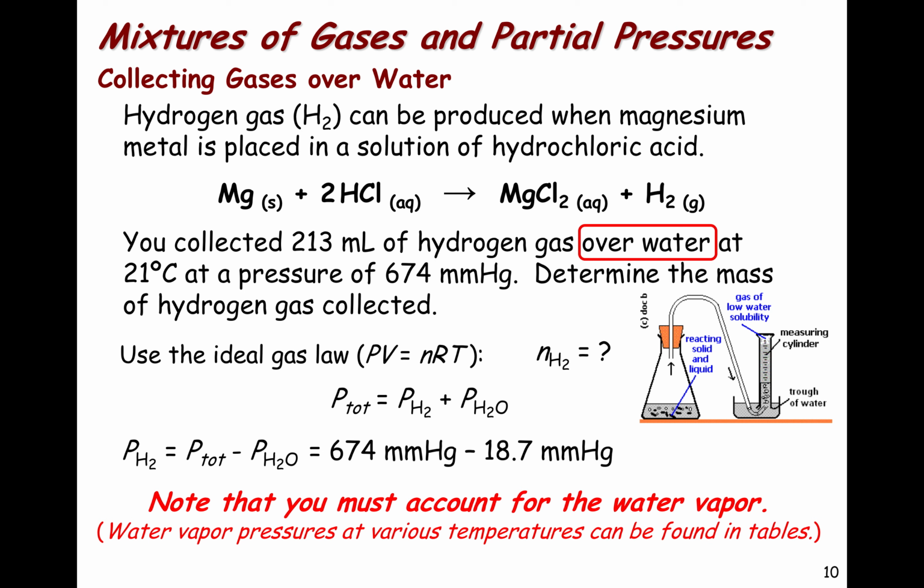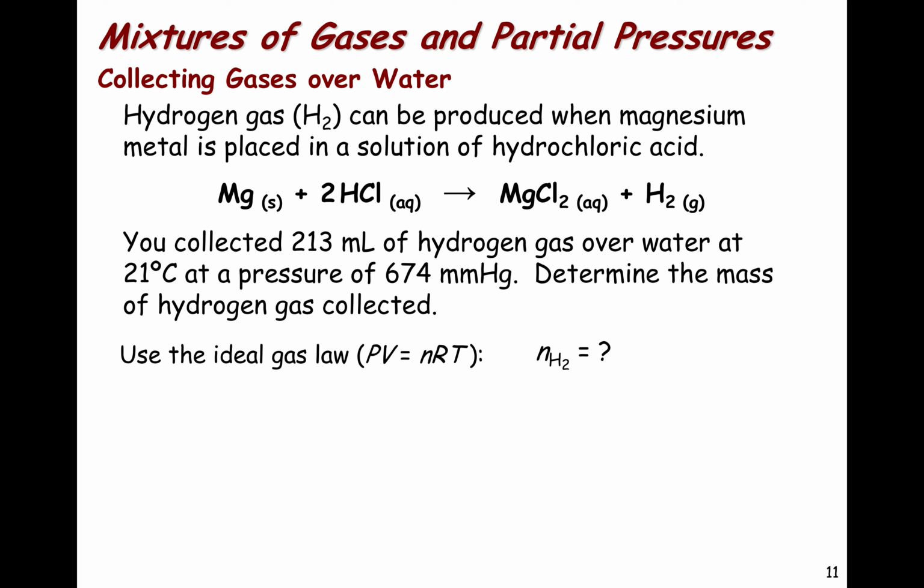We can then determine what that is by looking up the vapor pressure of water at the temperature that we are using, which happens to be 18.7 millimeters of mercury. Subtract that from the 674, and it turns out that our partial pressure of hydrogen is 655 millimeters of mercury.